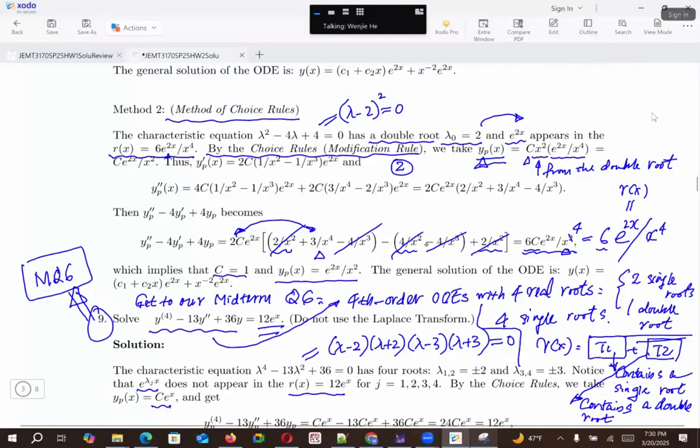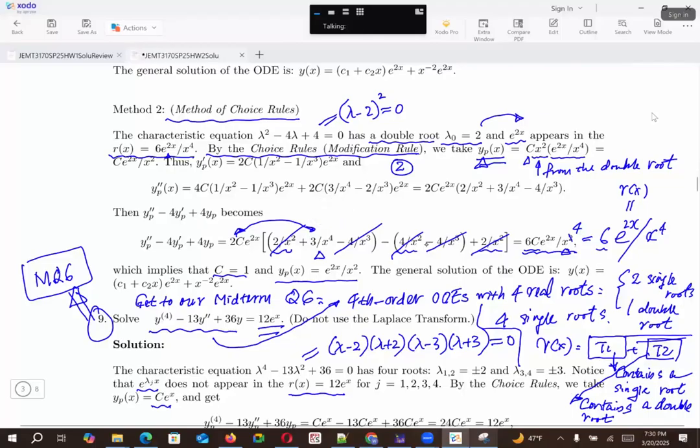For a single root, you know how to write the desired expression, right? For example, C1, or if you use A, B, it's okay.